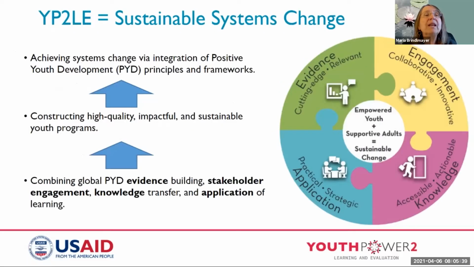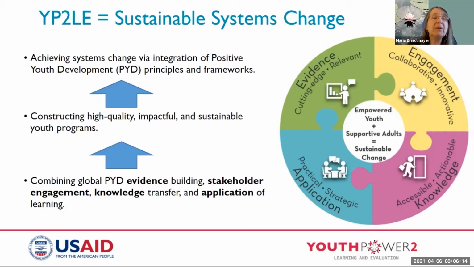Youth Power 2 Learning and Evaluation is focused on achieving sustainable systems change. We know that there are lots of programs out there, and our program is focused on translating lots of learnings and experiences that we gather through knowledge sharing, through stakeholder engagement, and through the application of learning to the more long-term sustainable system change.